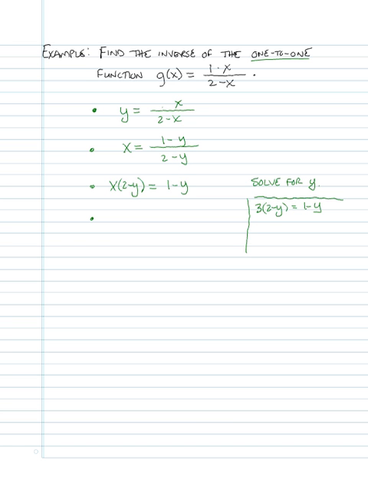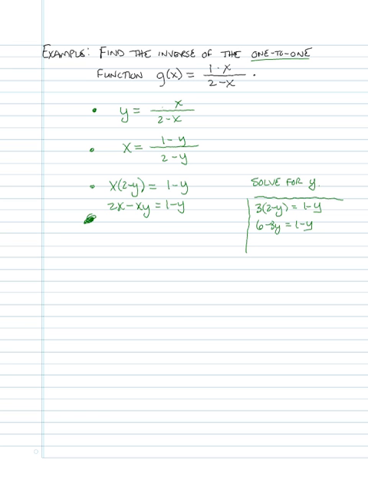So we'd say 3 times 2 is 6, minus 3y equal 1 minus y. Well, we do a similar operation here. We're going to multiply the x out. And when we say x times 2, we get 2x. And when we say x times y, we get xy. Okay? So we're just mirroring what we would do if x was a number.